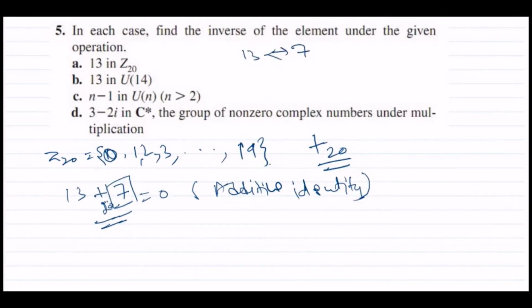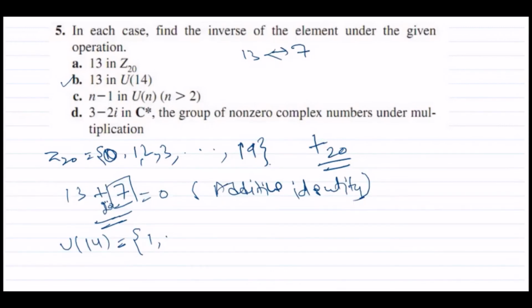And now in question number 5, B part, U14. So let us take U14. What are the elements there? 1, 2 is not there. All those positive integers which are less than 14 and relatively prime to 14.